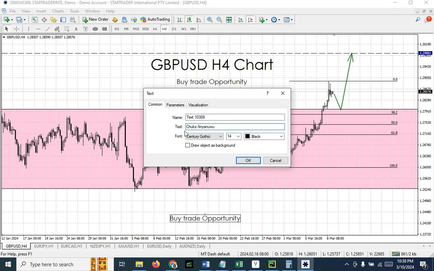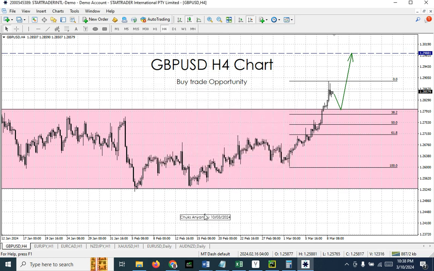If you draw your chart, make sure you copyright it, so that nobody steals your innovation. So this is 10/03/2024. So this is what we expect this market to do.